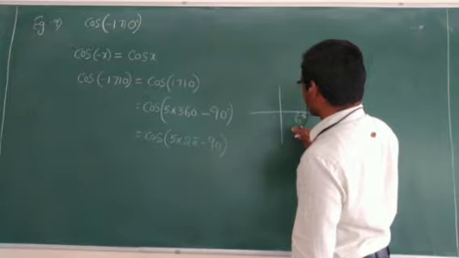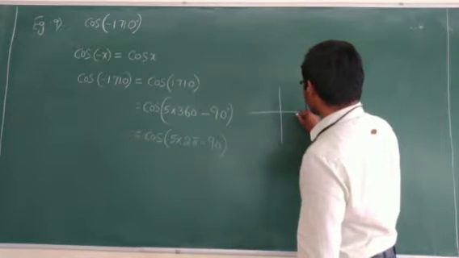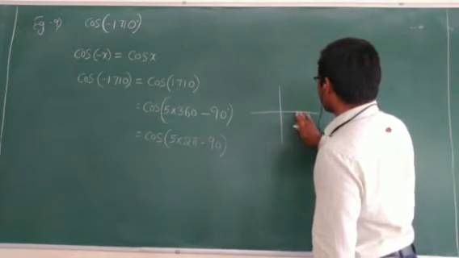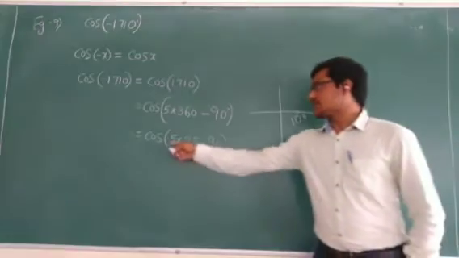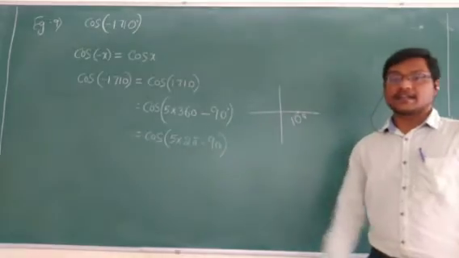We take one more time, it will become 8 pi. One more time, it will become 10 pi. So this is 10 pi, but after that we have minus 90.